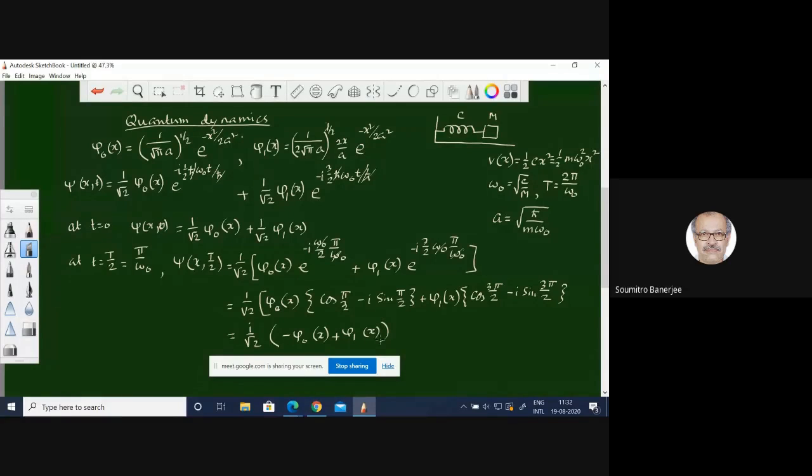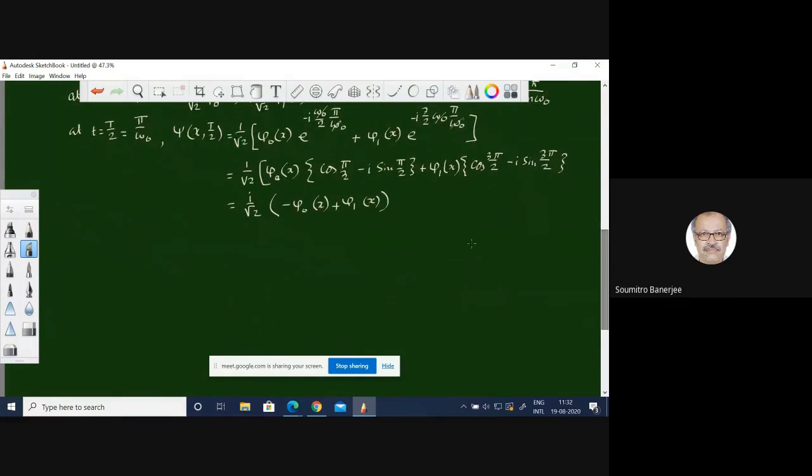This is what remains. So you see, at time t equal to 0, this was the expression. At time t by 2, this was the expression. At one time it adds up, another time it subtracts. Let's see how it looks physically. Your ground state wave function is like this.